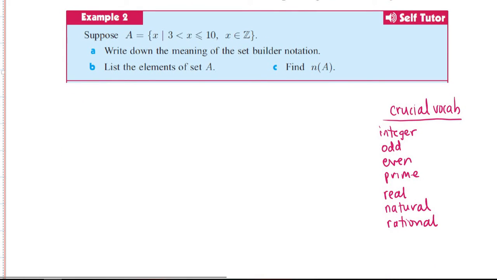Suppose A is equal to, and then it gives you set builder notation. And the first question is to write down the meaning of the set builder notation.